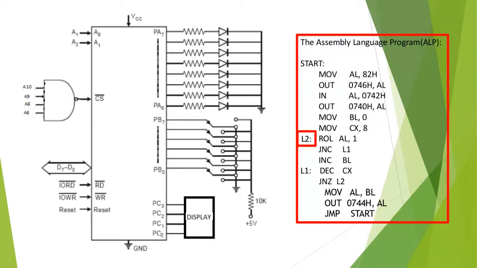The address signals, A0 and A1 and chip select, these three signals are responsible for determining the address. Now let us find the addresses of the ports. Start writing A15, A14, A13, and A12.